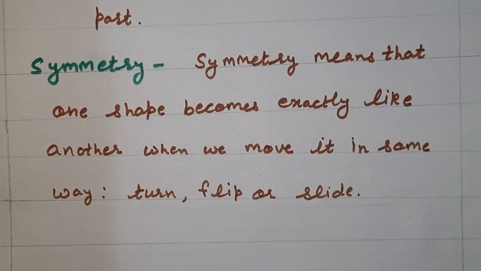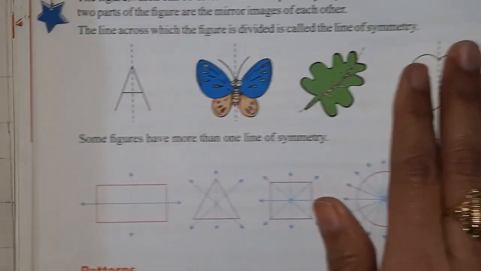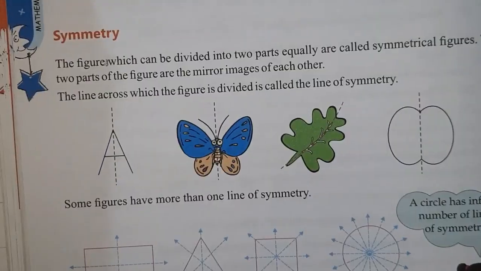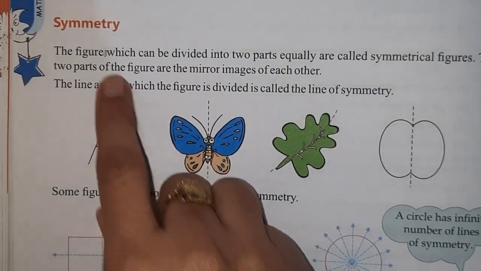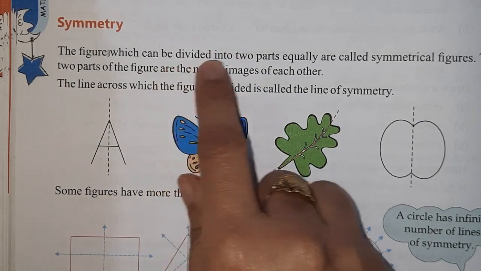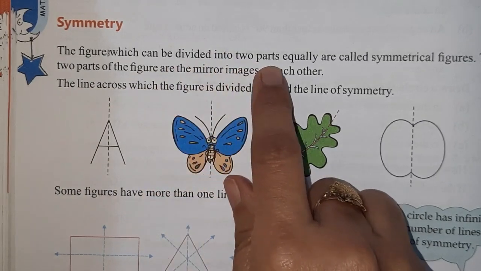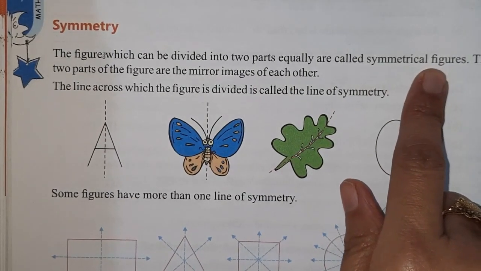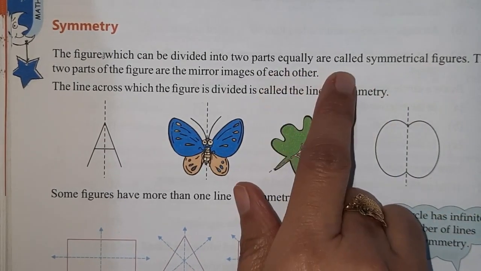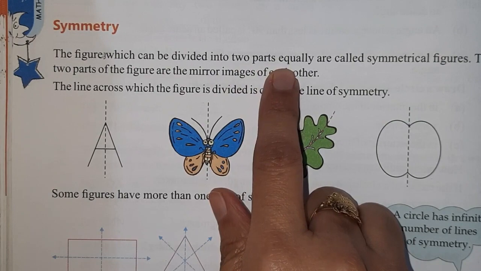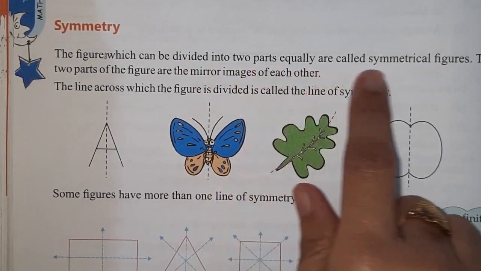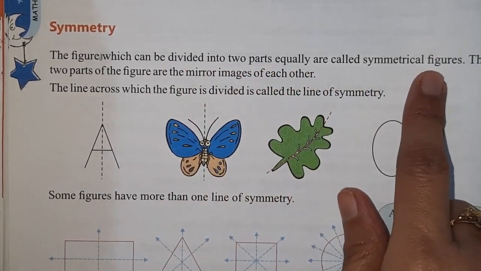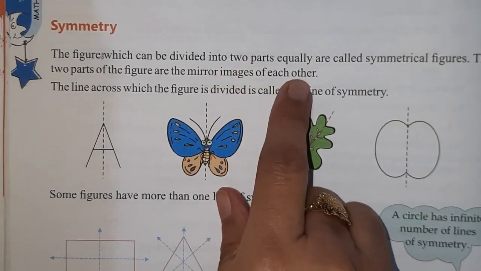And symmetrical figures, what are these figures? The figures which can be divided into two parts equally are called symmetrical figures. Divide into two parts equally.